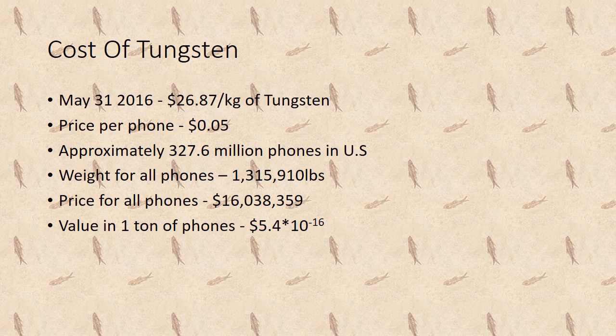The price for the tungsten in each of those phones is actually $16,038,359. The value of 1 ton of the tungsten in phones is about 5.4 times 10 to the negative 16 dollars.